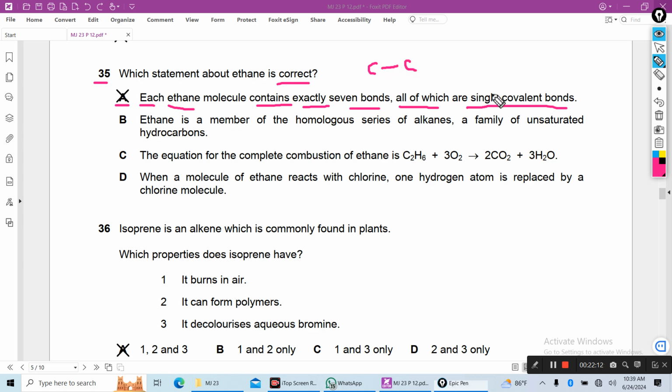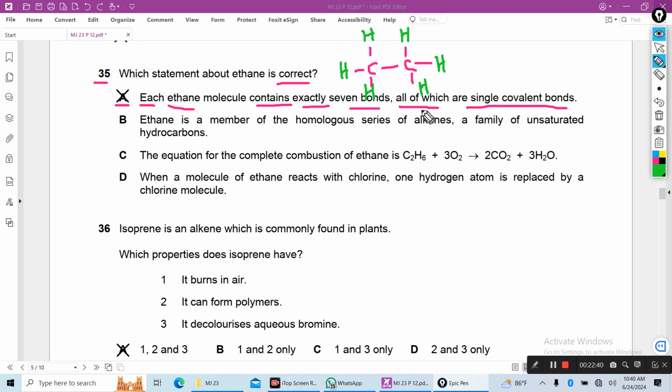Two carbons, this is the ethane, with hydrogen, hydrogen, hydrogen, hydrogen.